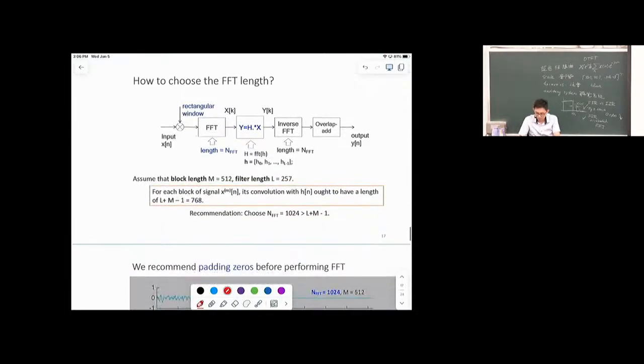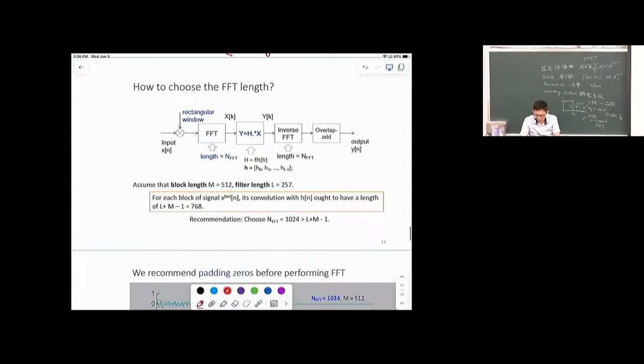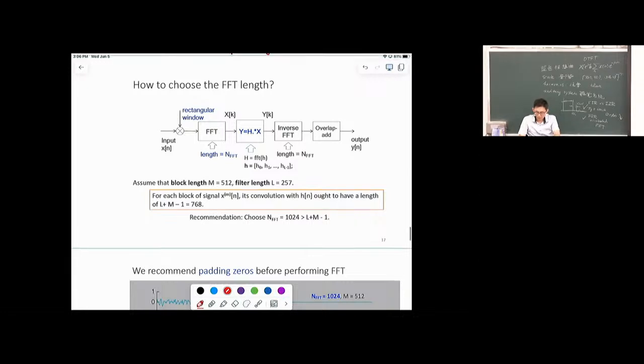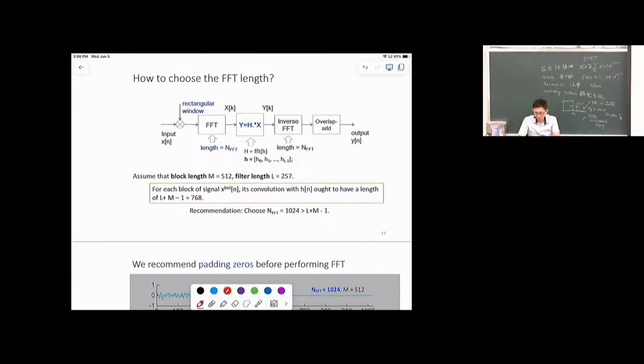This is one example. When you choose the FFT length, there's an important thing that you need to know. An important point is how to choose the length of the FFT.